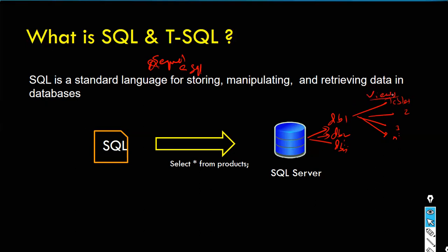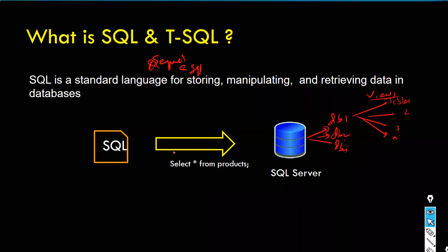Views, materialized views, and all these things are called your objects. A database can have multiple objects, and similarly, SQL Server can have more than one database. You can create more than one database, and each database can have more than one object. It's very simple, isn't it?